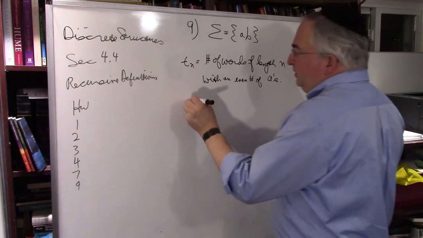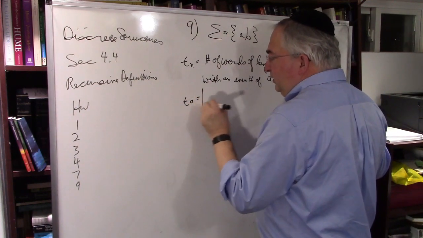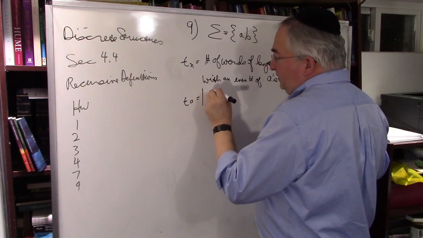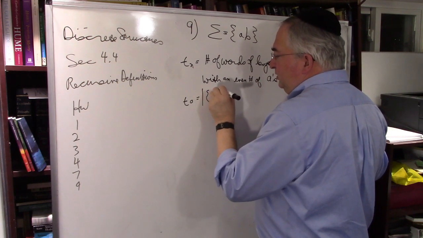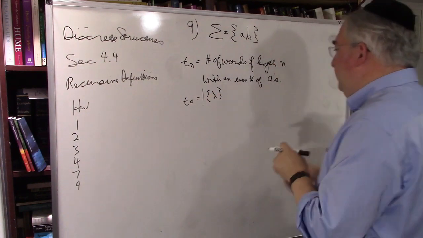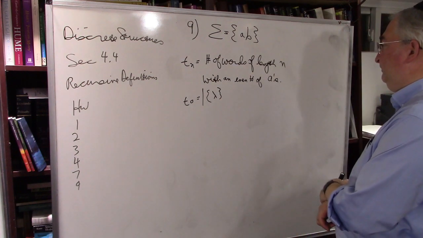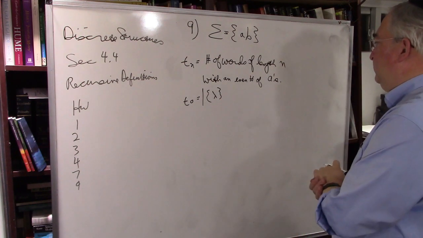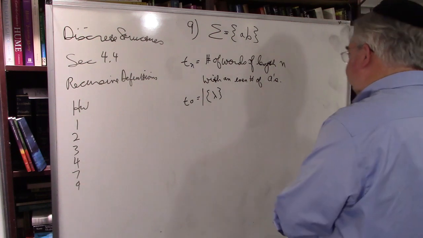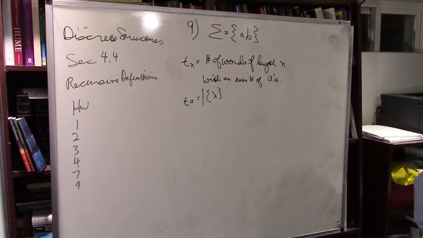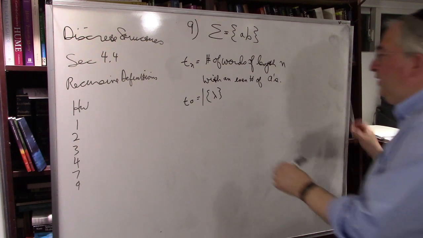Let's do it. T0 is equal to the number of words in Sigma star of length 0. The empty word has 0 A's, so that's an even number. So that's equal to 1.